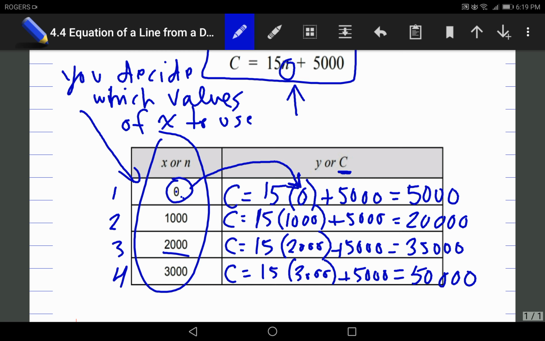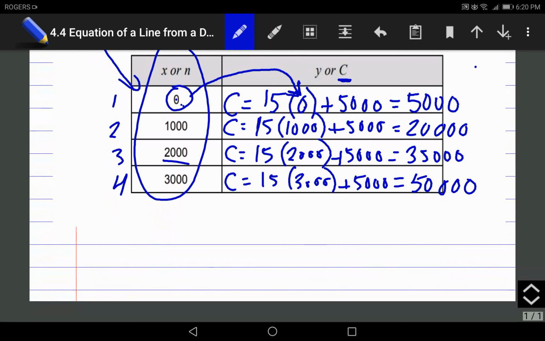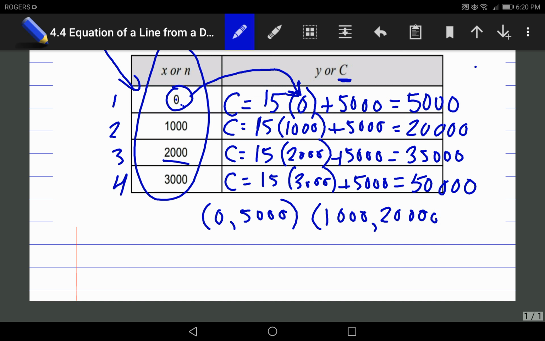If I needed to graph this, let's actually write down all of the coordinates, right? My first point would be 0, 5,000. My second point would be 1,000, 20,000, right?